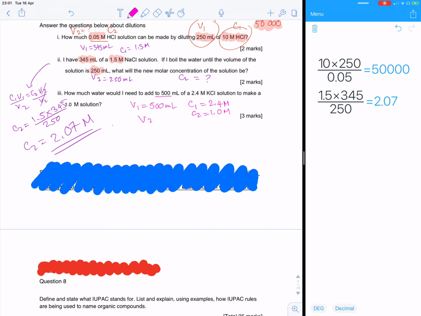When I find V2, I'm going to subtract V1 to see how much has been added.